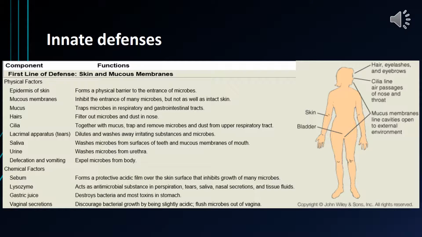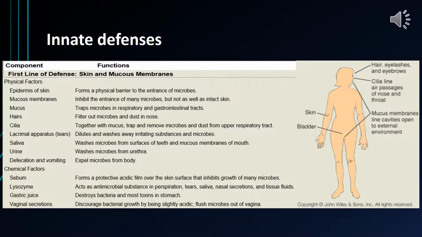Here's a list of the external innate defenses along with their functions. And there's also this little anatomical map of where some of them can be found. I'm not going to go into this much because we're going to cover most of these in the following slides, but I'm just going to look at a few of them that we don't really cover.